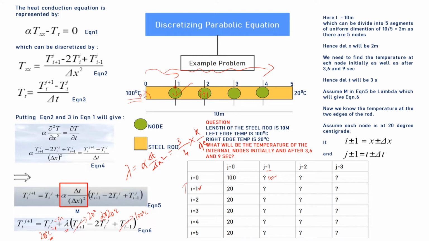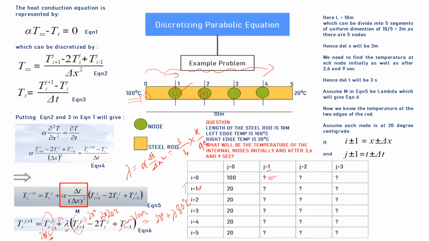That means this will be equal to 20 degrees plus lambda times, basically this is 120 minus 40, 80, right? 80 degrees centigrade.